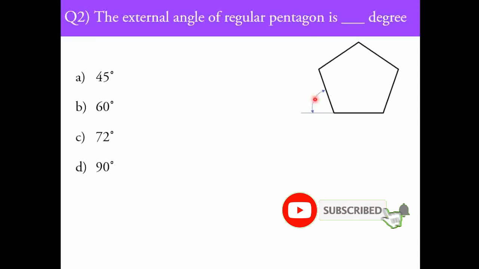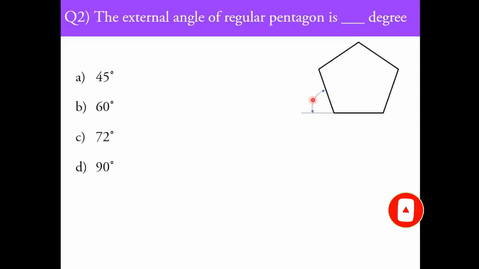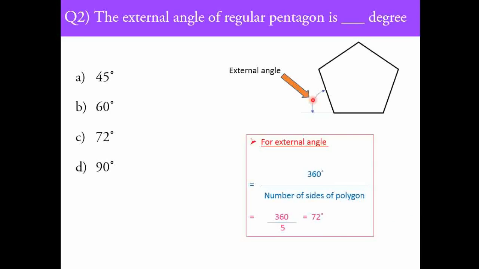But one of the simplest ways to calculate the external angle is a simple formula: 360 degree divided by the number of sides of the polygon. Here the pentagon has 5 sides, so 360 divided by 5 is 72 degree. So the third option is correct.